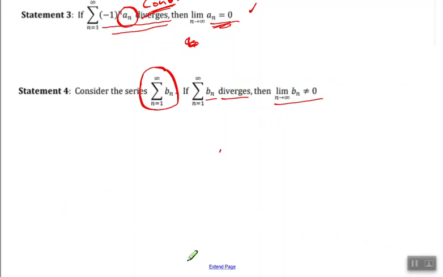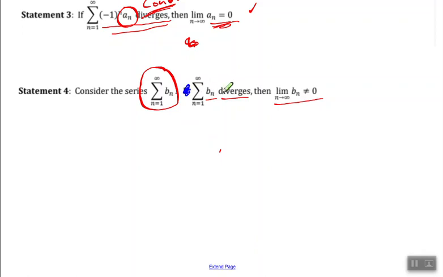Honestly, I just wasn't sure about this one. I had to look, and we know a lot of things about divergence. We have that alternating series. We would just take out what they did on the AP Central.